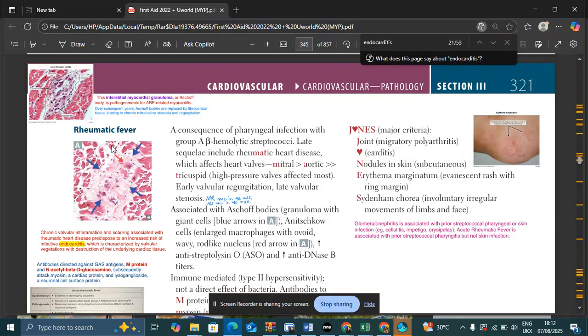This diagram A shows Aschoff bodies and Anitschkow cells. Okay, you should remember this histopathology diagram is not really important, but the Jones criteria is very important. You should remember the causing agent of rheumatic fever. You should remember that it is a type 2 hypersensitivity reaction.